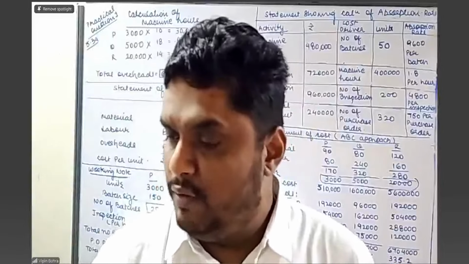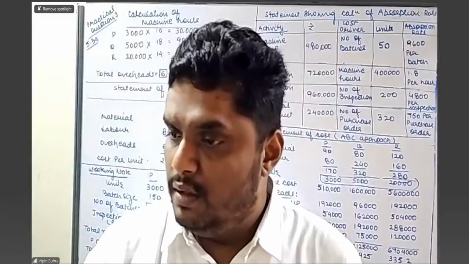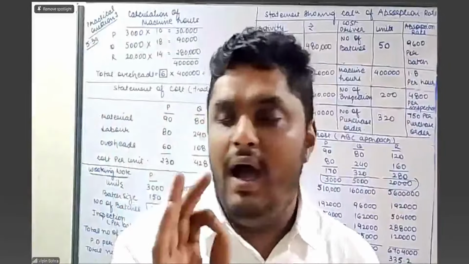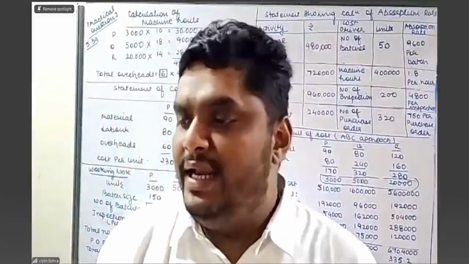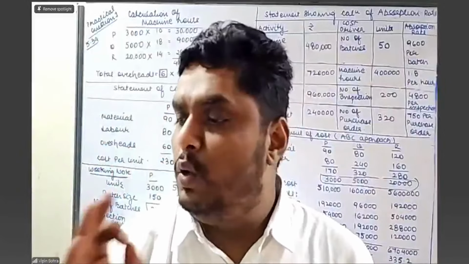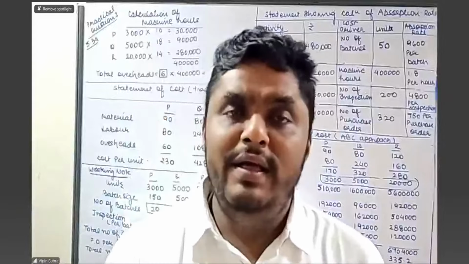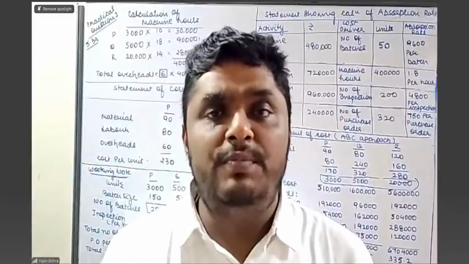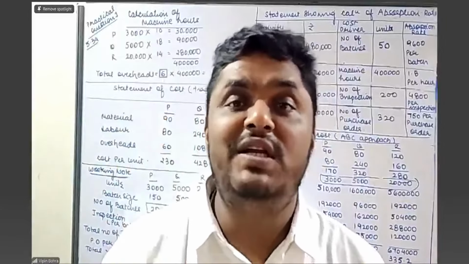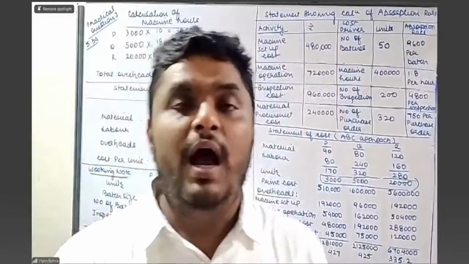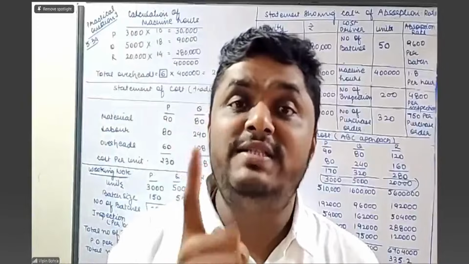Now let me open the question. We have the number of machine hours given in the question: 10 hours per unit for P, 18 hours per unit for Q, and 14 hours per unit for R. And very important, instead of calculating the absorption rate, herein the absorption rate is given straight away: 6 per machine hour.